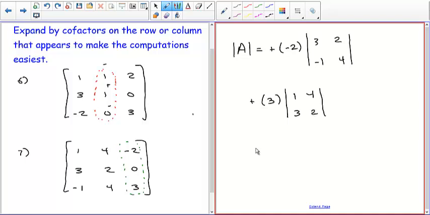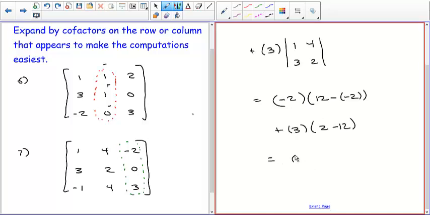So we get negative 2 times the determinant, which is going to be 12 minus a negative 2, plus 3 times 2 minus 12.